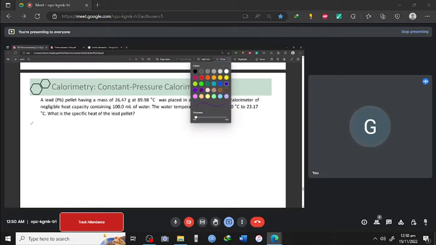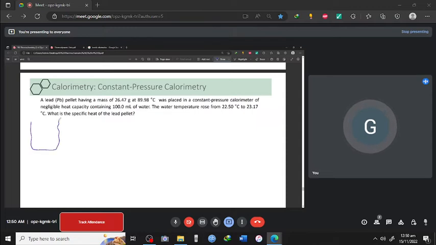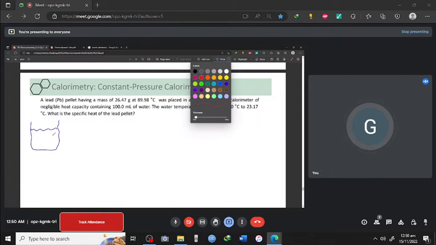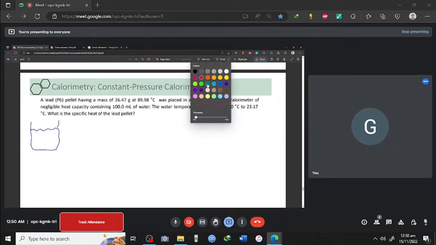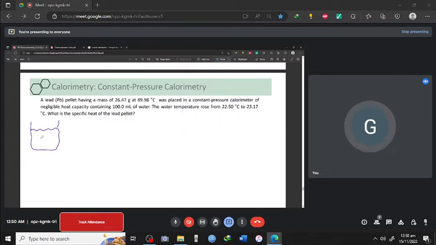Okay. So let's say meron kang coffee cup calorimeter, may water yon, and then from the water naglaglag ka ng lead pellet. So ito si lead. Palitan natin, ayoko ng red. Let's say green. So naglaglag ka ng lead pellet dito.